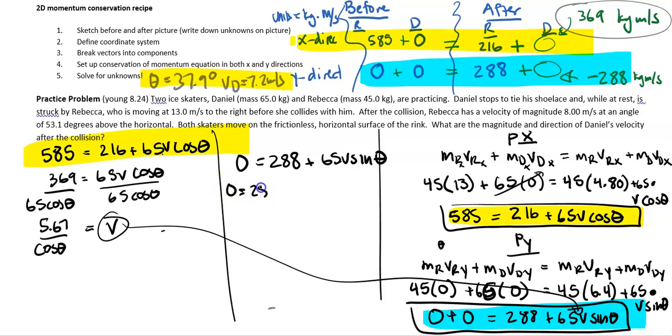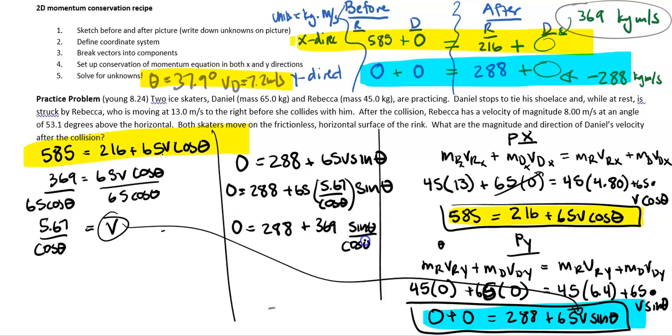So 0 equals 288 plus 65 times 5.67 over cosine of theta times sine of theta. Cool. So I have 0 equals 288. Okay, 65 times 5.67 is 369, and then it's sine of theta on top over cosine of theta on the bottom.